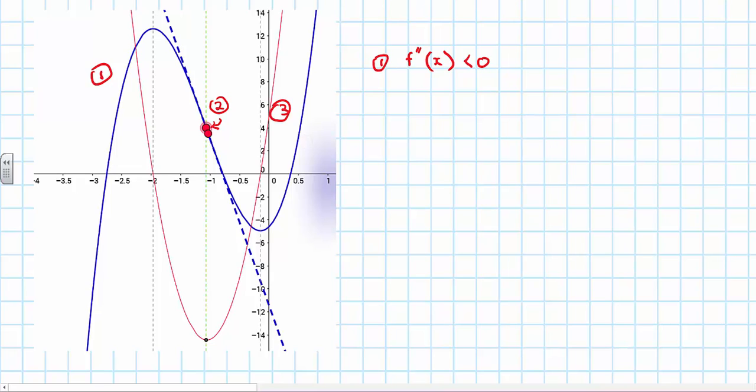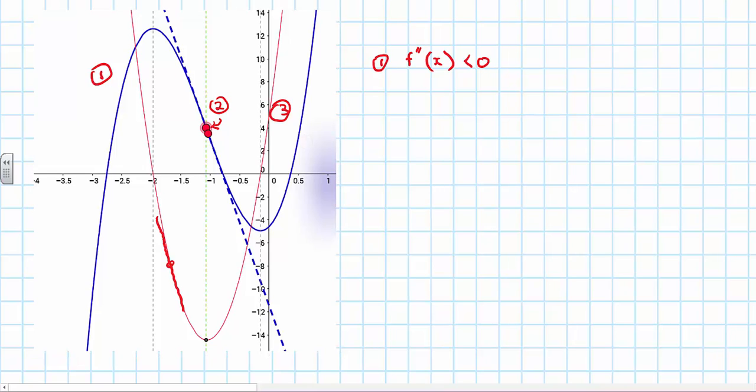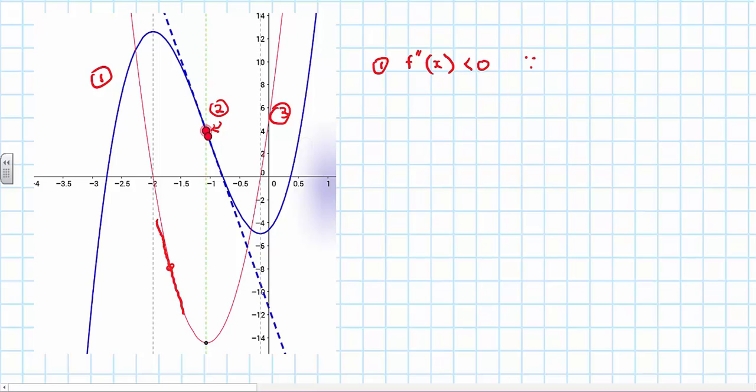Remember, the gradients were decreasing. You can see if I draw a tangent here to the gradient function, then the gradient of this tangent is negative. So the second derivative is negative, and that's because the gradient function is decreasing.